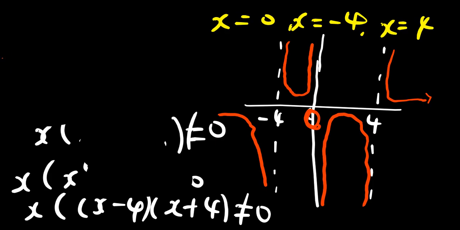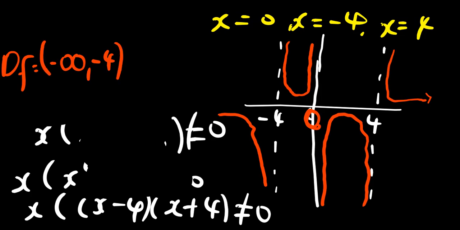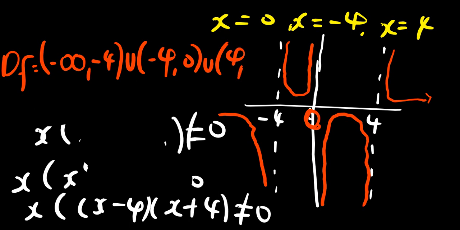Your D_f in this case would be from negative infinity to negative 4, negative 4 not included, union negative 4 comma 0, union 4, going to positive infinity. So this will be your domain for this expression. Okay, that was question number 2.